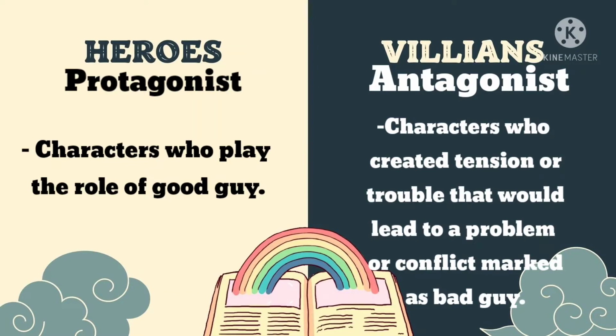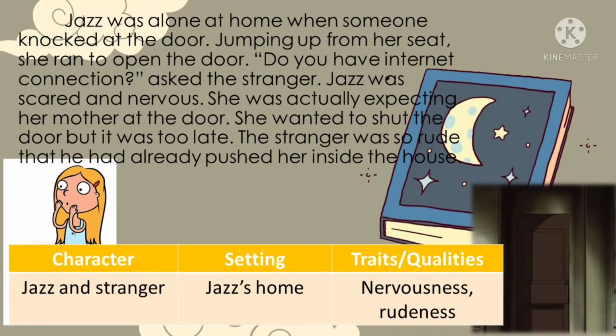On the other hand, the villains or the antagonists are the characters who create tension or trouble that would lead to a problem or a conflict, marked as bad guy. Have you read a story with these two characters? So let's have this one.